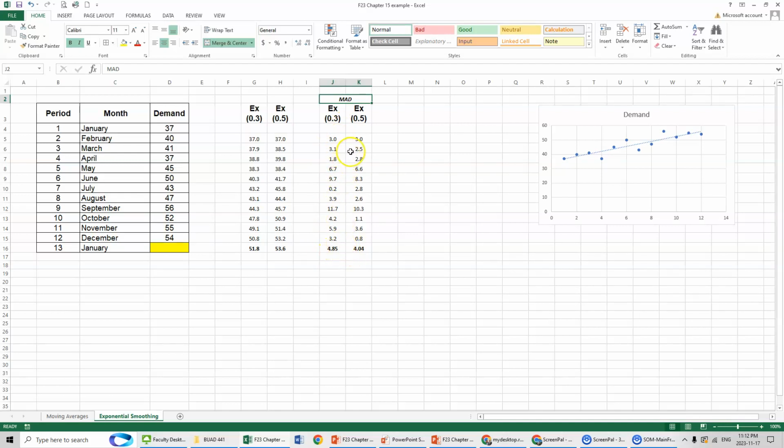We could then determine perhaps if 0.4 is better than 0.3, or 0.1 is better than one of them. That's something you'd want to do, to determine what the best smoothing constant is. Right now we know that 0.5 is better than 0.3. We could try other ones as well. So that is the extent of what we need to learn in Chapter 15 with forecasting.